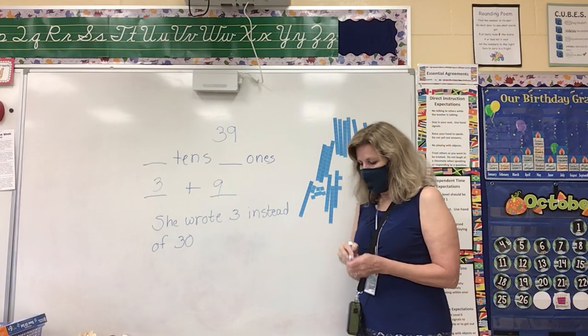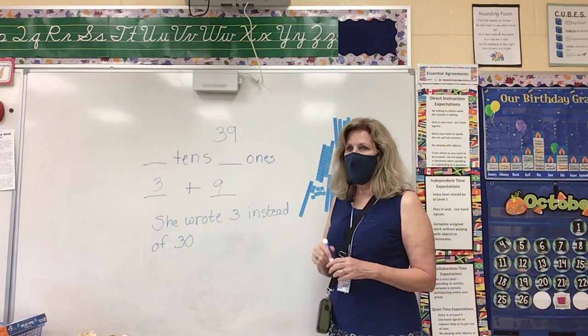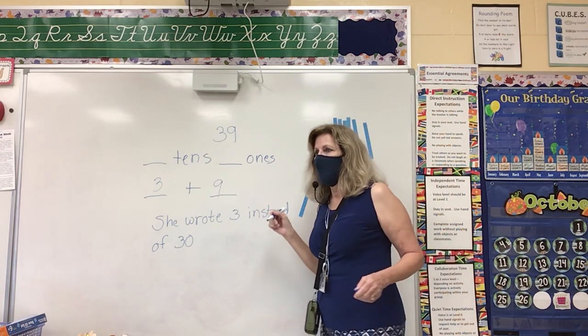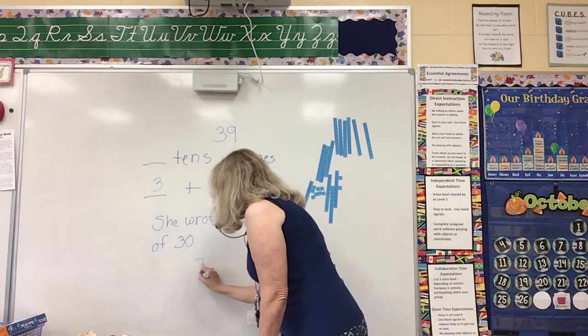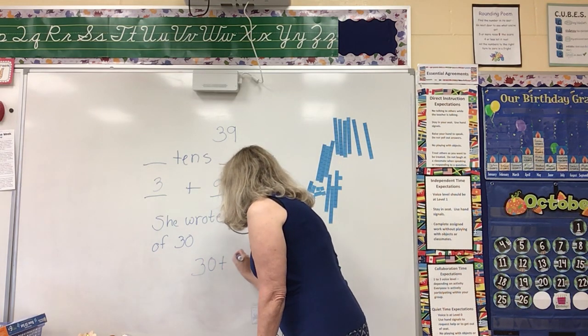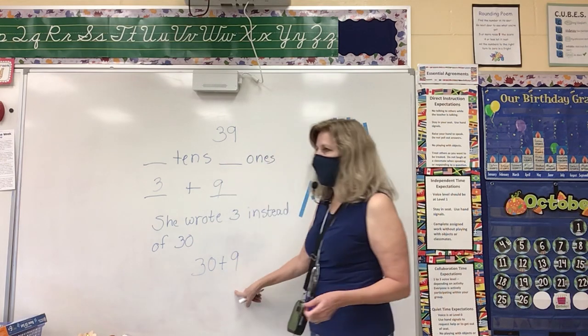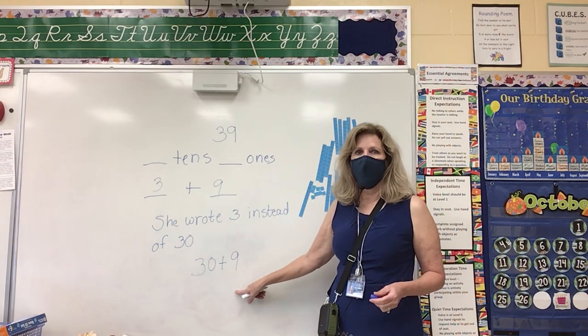That was the mistake. And what should she have written, Charlotte? 30 plus 9. So then you would write that underneath to show the correct way of writing it.